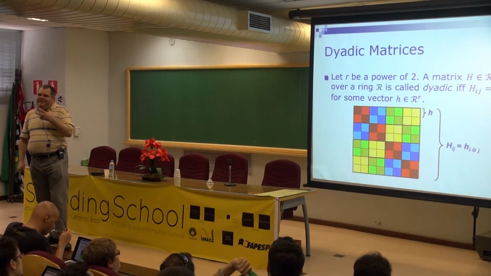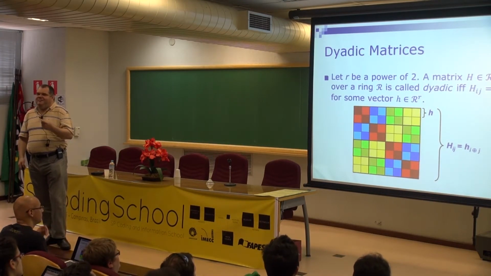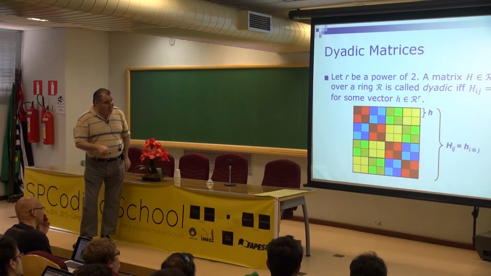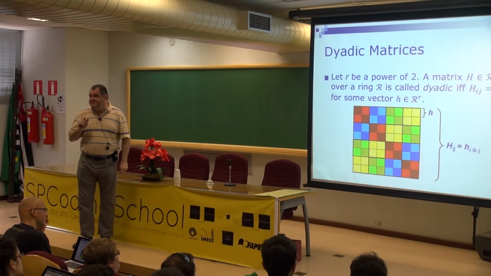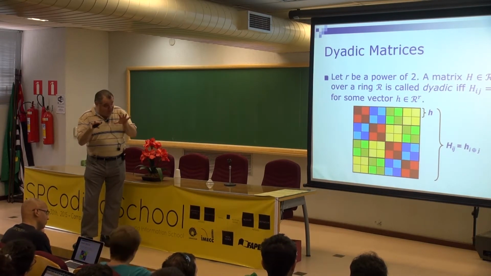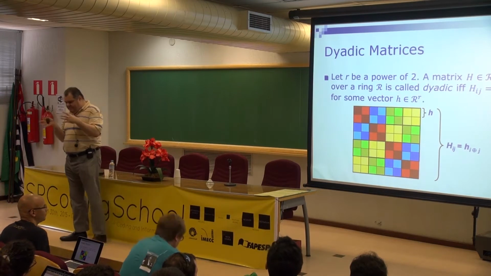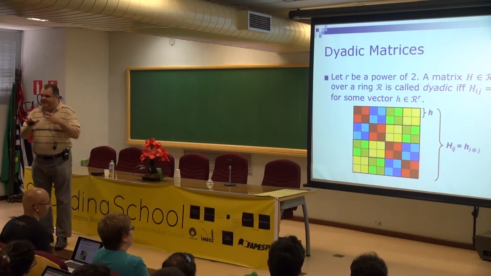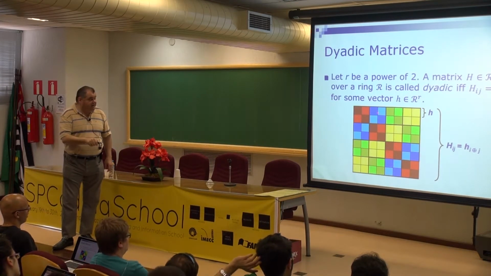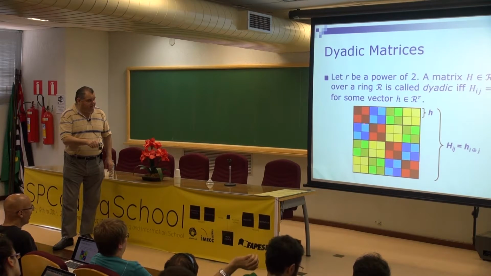Let's look at an example to have a feeling of what a dyadic matrix looks like. It has a certain symmetry. It's not circulant, but it's composed of some matrices that have the same structure as the matrix as a whole. So essentially what we do here is, for this 2 by 2 block, repeat this element here and this element here.